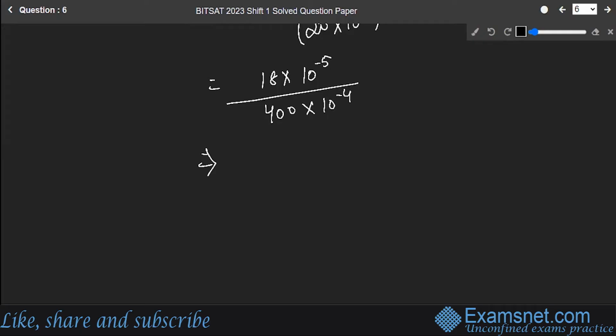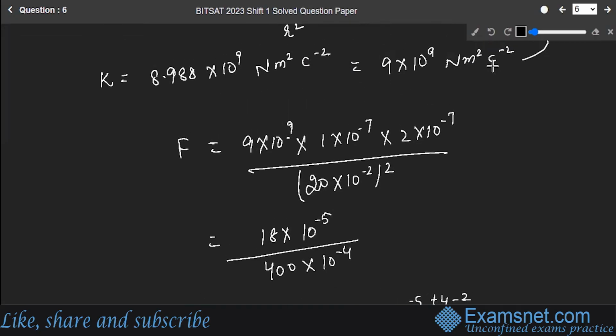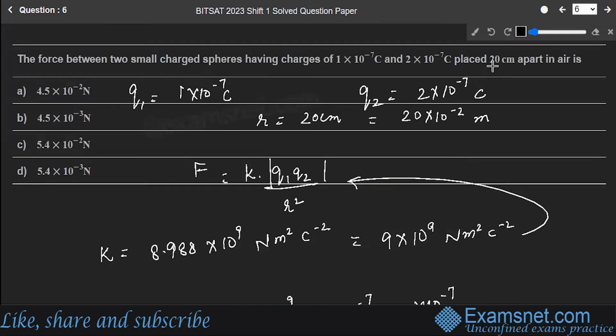On solving this whole thing, this is 4.5 into 10 power minus 3 Newton. This is the answer to the question. Let's check with the options. You have option B as the correct answer, 4.5 into 10 raised to power minus 3 Newton.